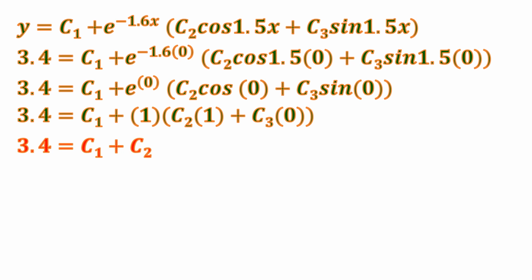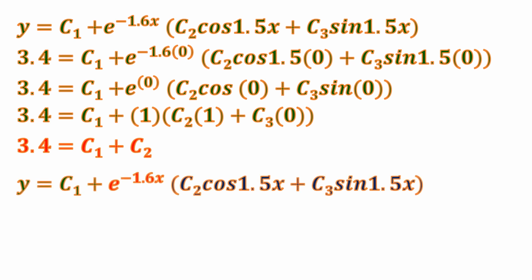And then we multiply. Since c sub 3 times 0 is 0, we can just remove that. So we're left with c sub 1 and c sub 2. This is the equation that we have created. Unfortunately, we cannot have a value yet, but we can have that later. So for now, it's just an equation: c sub 1 plus c sub 2 equals 3.4.